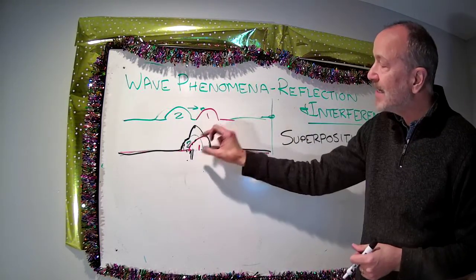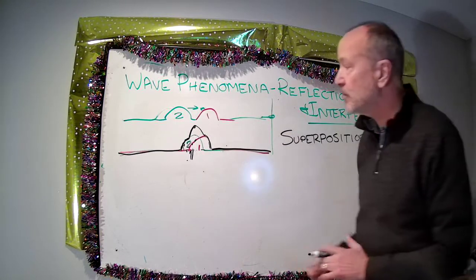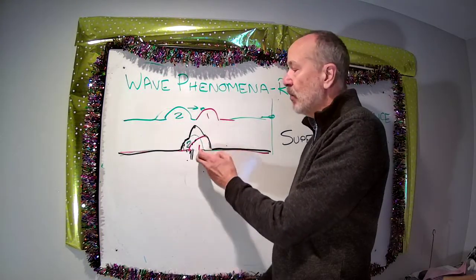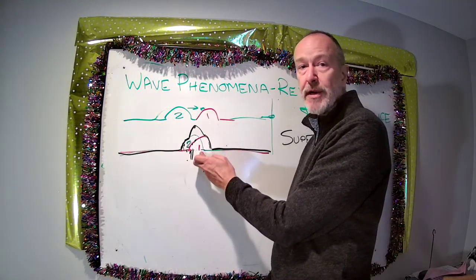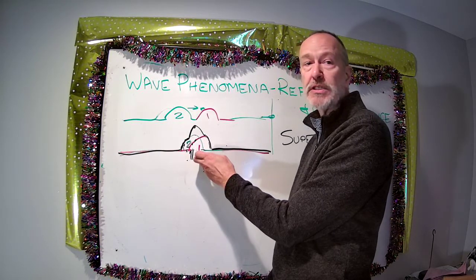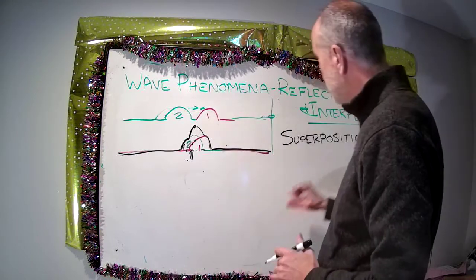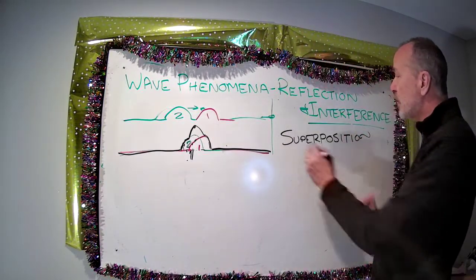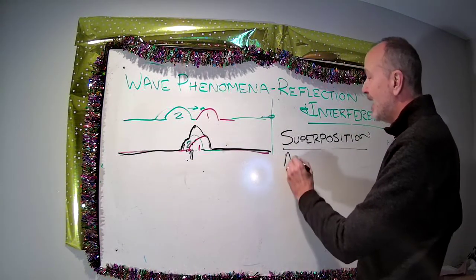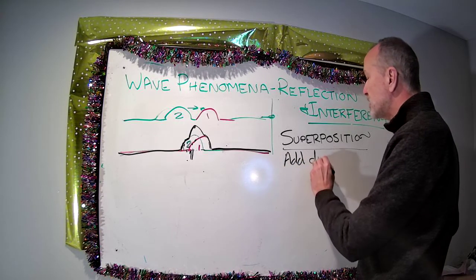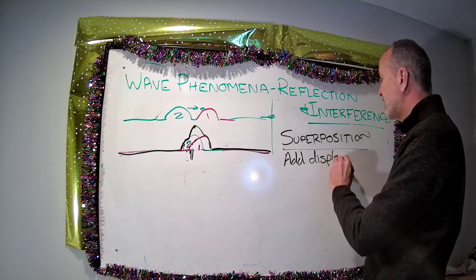And if we add together the displacements, in other words, we say, at each point, what is the displacement if only 1 were there? What is the displacement if only 2 were there? Let's add those two displacements together. And we get this interference. Superposition is the process. Add the displacements. That's superposition.